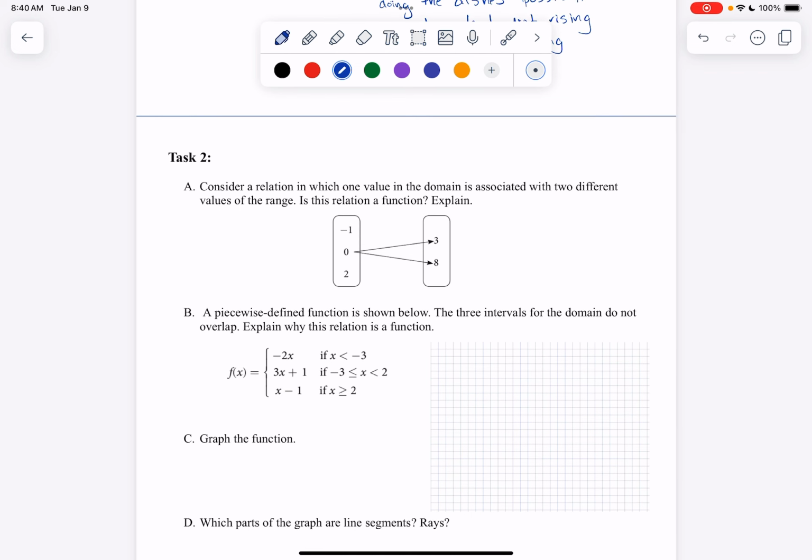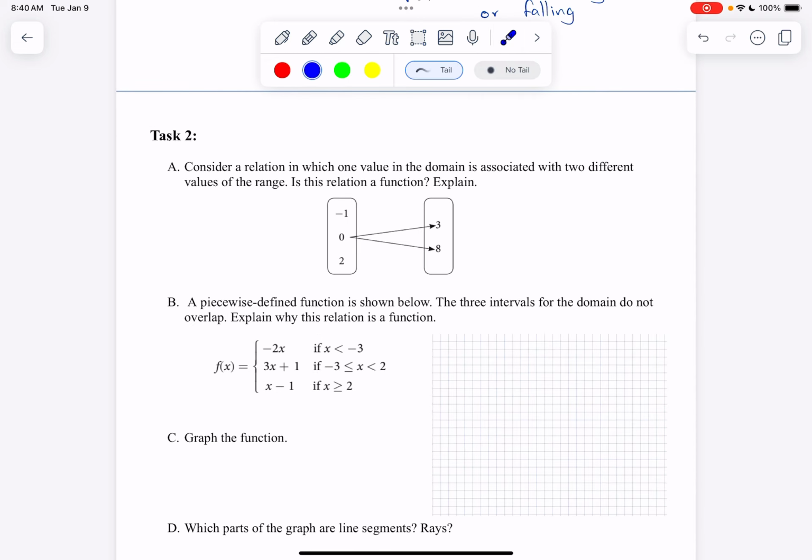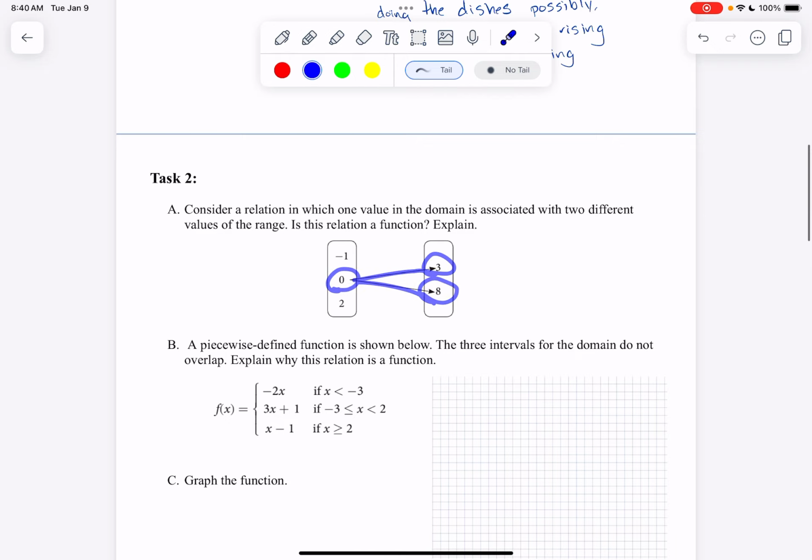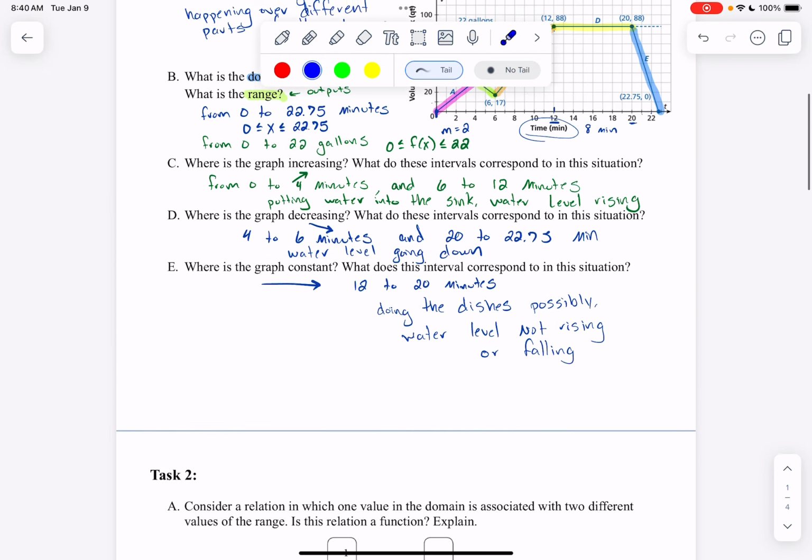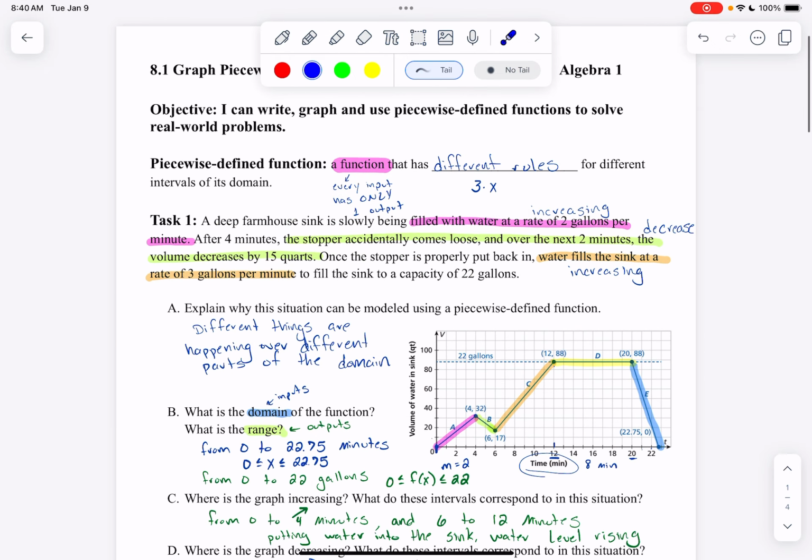So first we have to consider a relation in which one value in the domain is associated with two different values of the range. Like in this case, an input of 0 goes to 3 and it goes to 8. It asks, is this relation a function? If you remember from the first video, we talked about a function having every input has only one output.